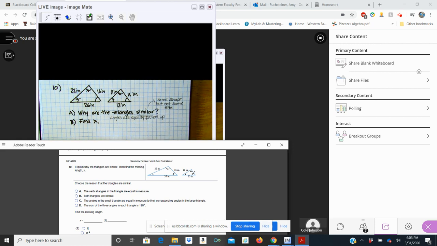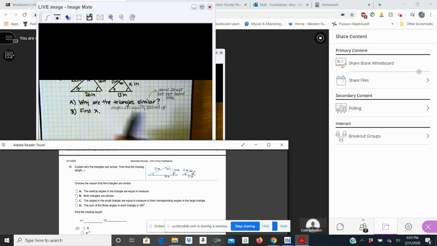Sometimes those are called corresponding angles, and those corresponding angles are of equal measure. When this happens, we can find the value of x by using proportions.